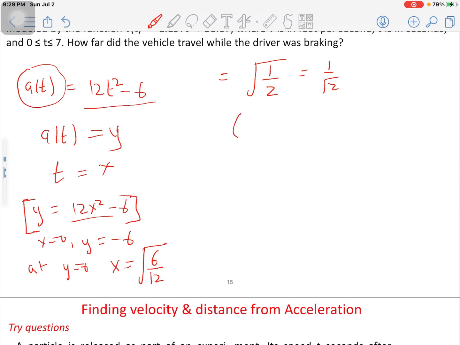So now the points that you are going to plot are 0 and negative 6, and that of 1 over square root of 2 and 0.